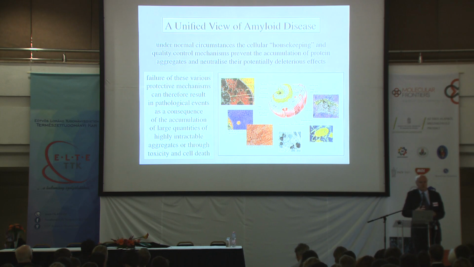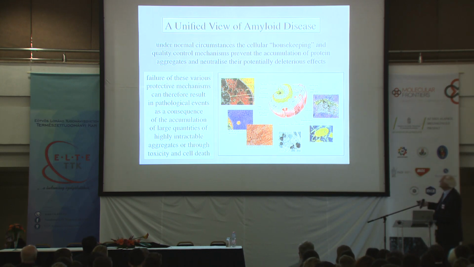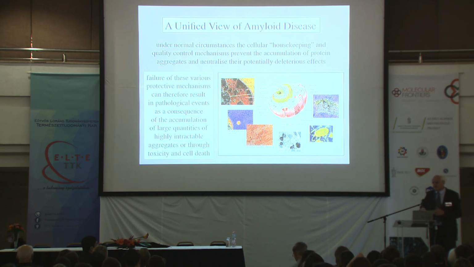And so we put forward, this is a very simplistic overview, this unified view of all these diseases with all their different symptoms. Under normal circumstances, there are actually all sorts of what you can call housekeeping mechanisms. They scour our cells and pick up proteins which are misfolded or beginning to aggregate and target them for degradation. That's why we can continue in our functional states for decades.